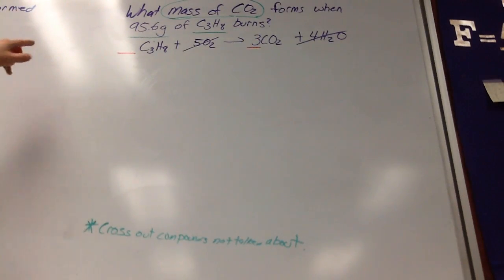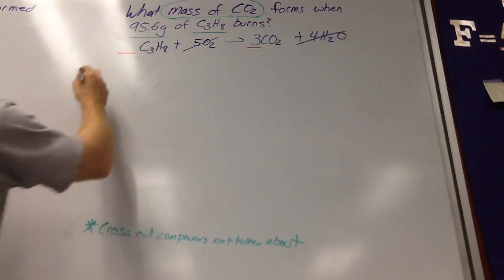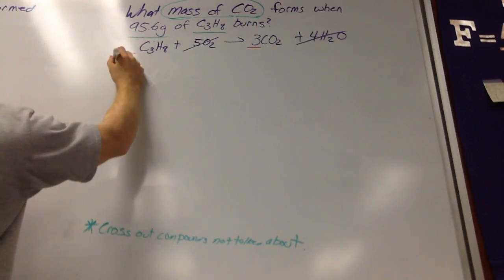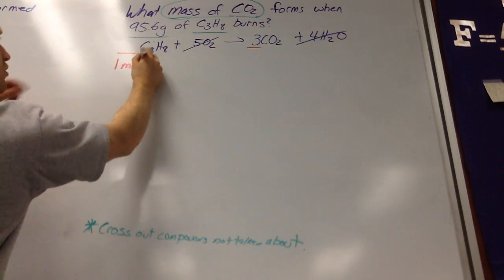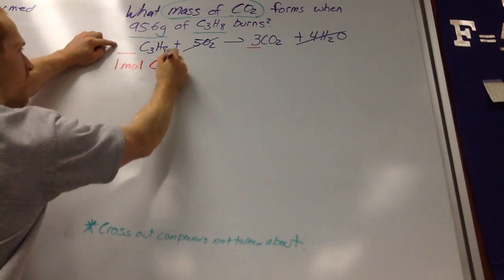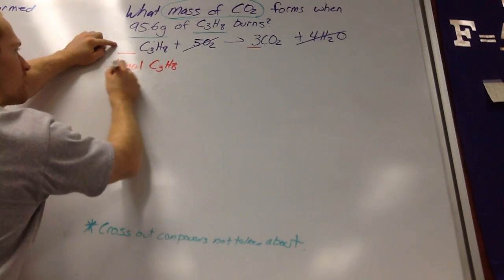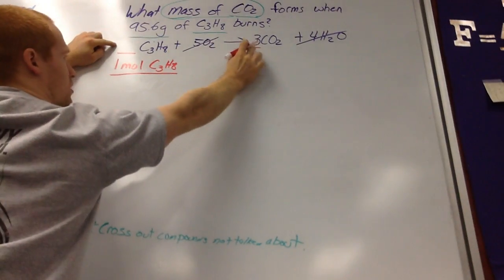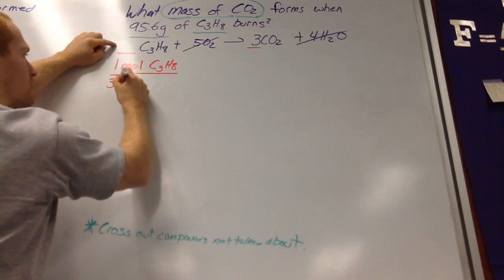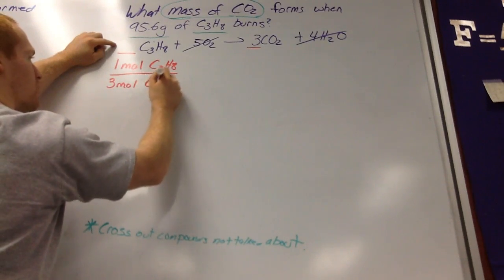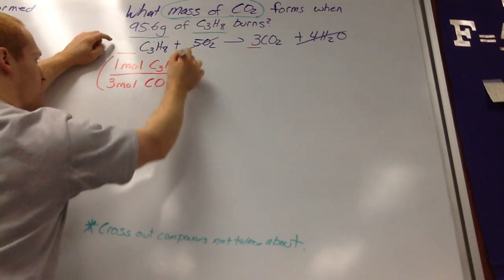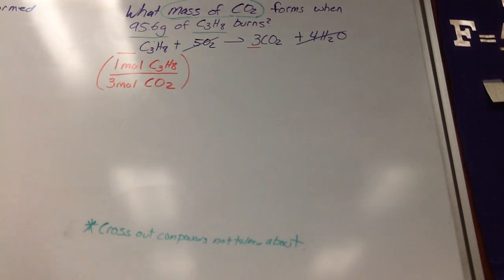So these numbers are going to give us the mole-to-mole ratio. For every 1 mole of C3H8, since there's no number, there are going to be 3 moles of CO2, and we get it from this number. So that's one of our conversion factors.